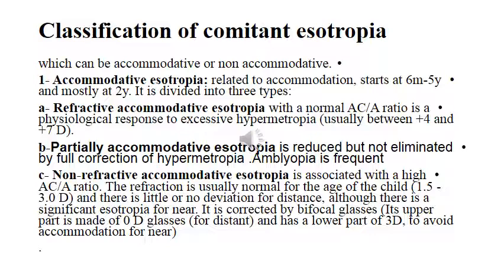That's why the child will have esotropia. Also, something differentiates this type from the above two types. The child will have no esotropia for distance. Only when the child focuses for near, we see the eye is deviated. Only for near.